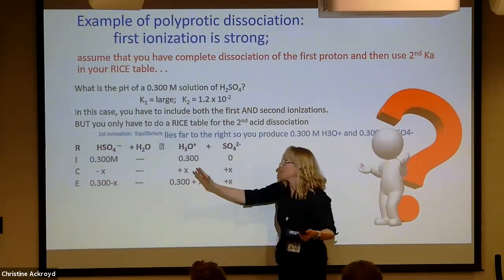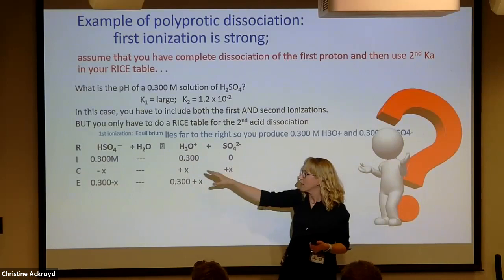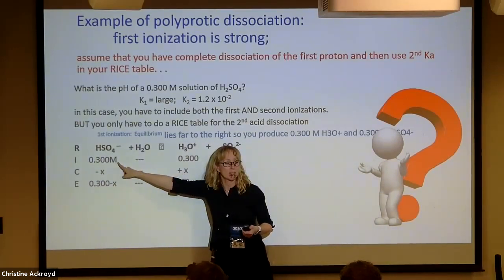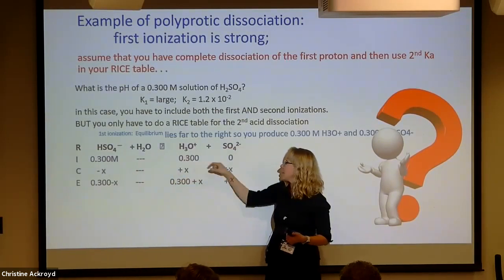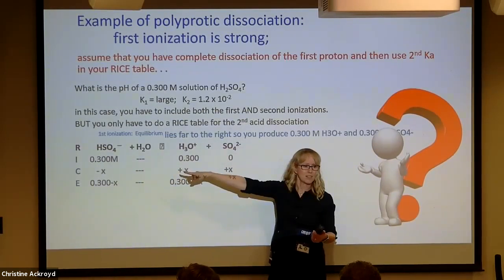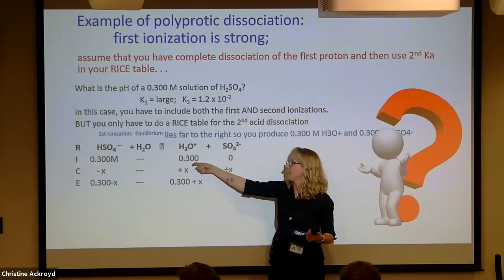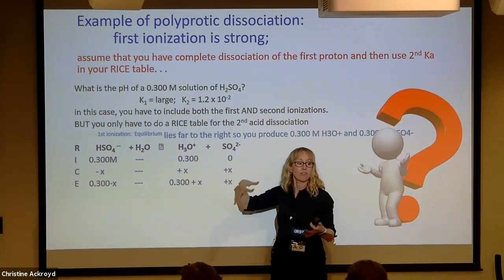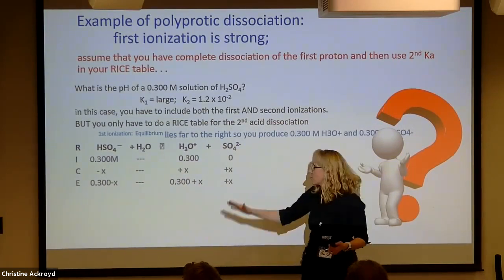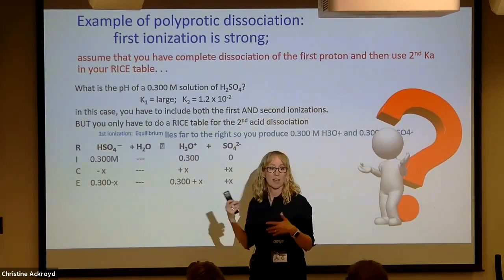So you have to set up a RICE table calculation where you're saying how much hydrogen sulfate will react with water. How much do you have? It's a strong acid, but here's a trick. You also have a bunch of hydronium already present from the first dissociation. So you have to set up a RICE table calculation.